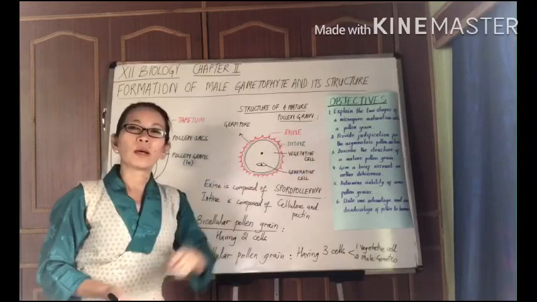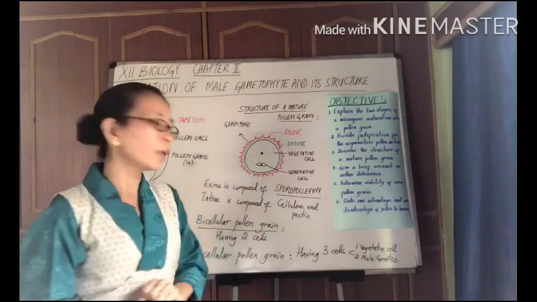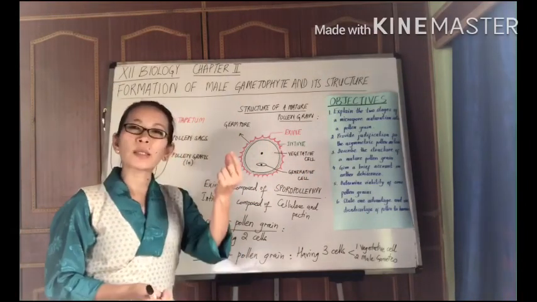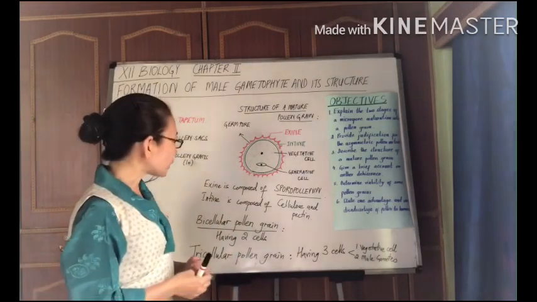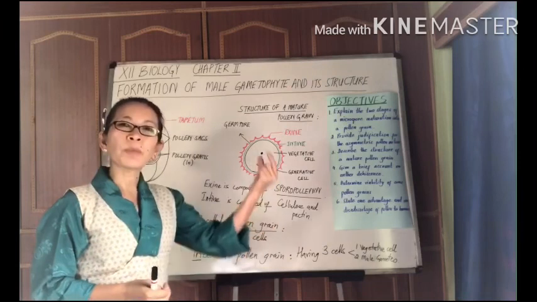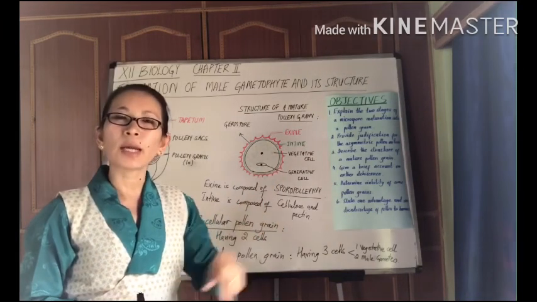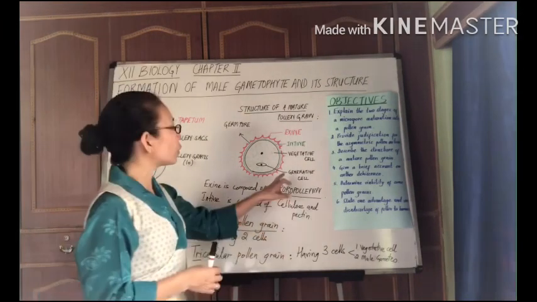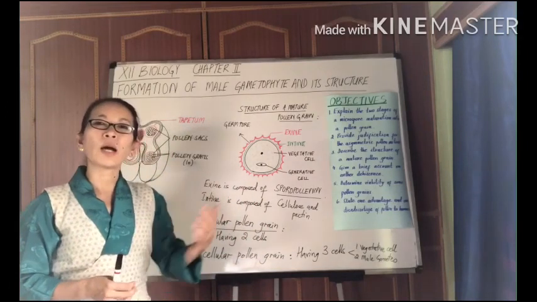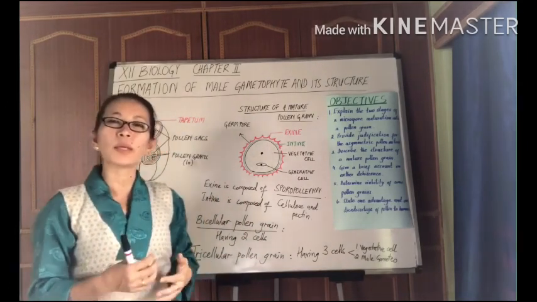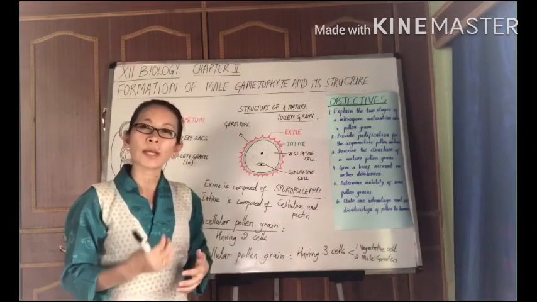Once the pollen grain lands on the stigma of a flower, it starts germinating and producing the pollen tube. Once the pollen tube is close to the micropylar end, we'll understand later, the generative cell in the pollen tube undergoes mitotic division, resulting in the production of 2 male gametes.